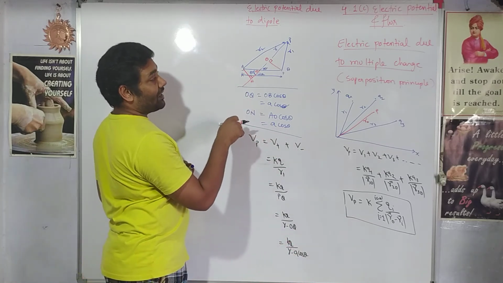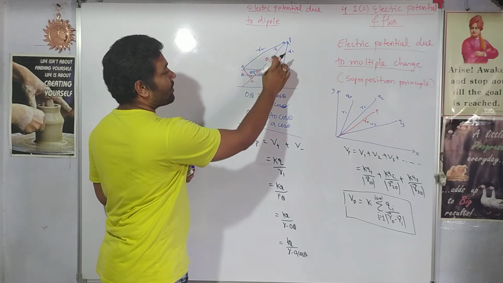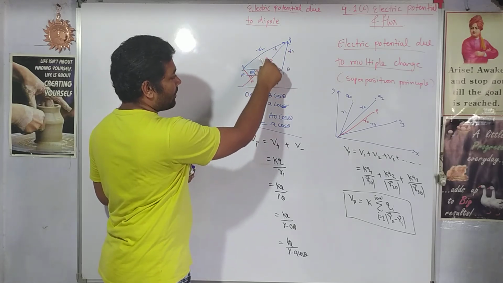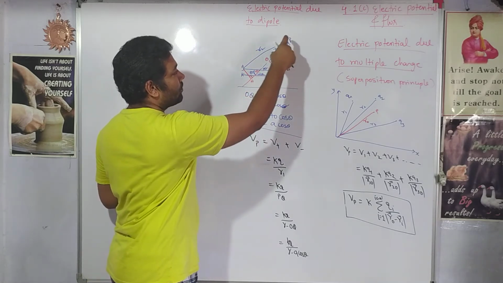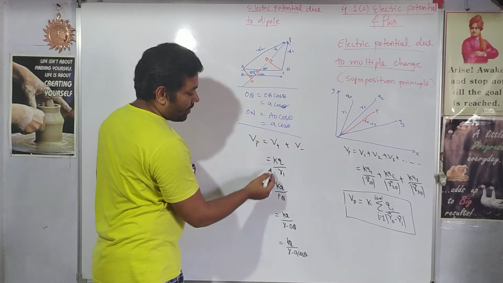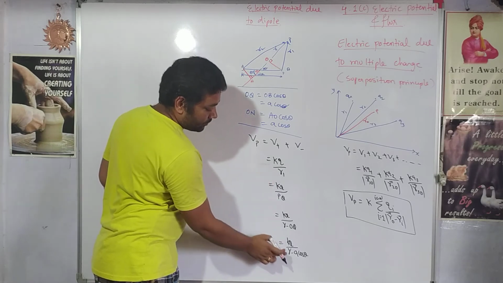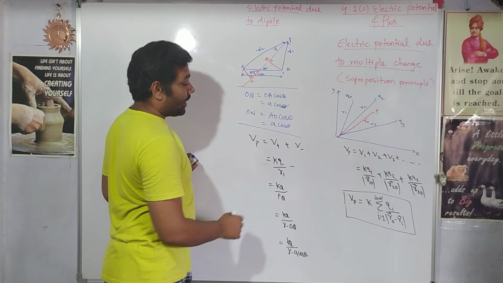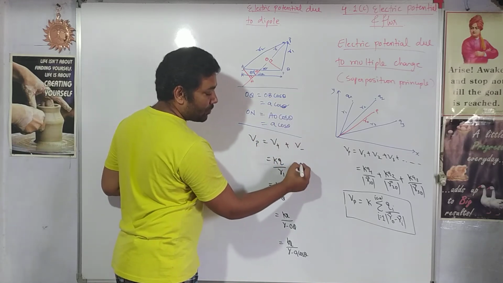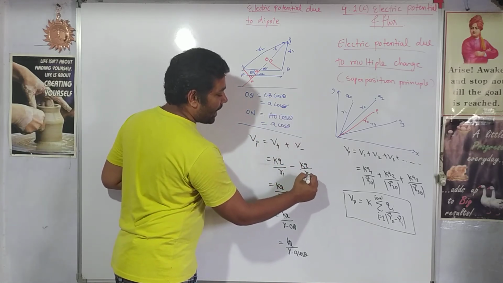Now it must be very clear to you why we found these values, right? We found these values of OQ and ON to convert R1 into the distance R. Similarly, the electric potential due to the negative charge: since we have a negative charge, I will put a minus sign here, KQ by R2.